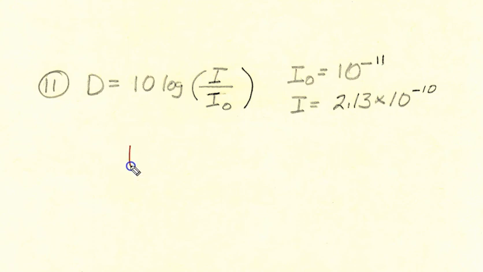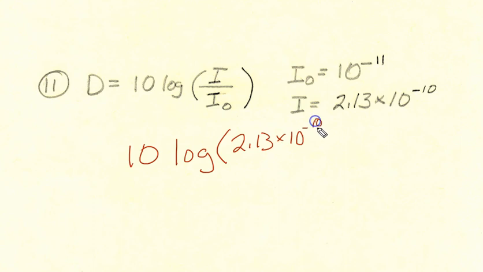So I'm going to go 10 log, and then there's a parenthesis, and I put in there 2.13 times 10 to the negative 10th, caret negative 10, and then divided by 10 to the caret negative 11.